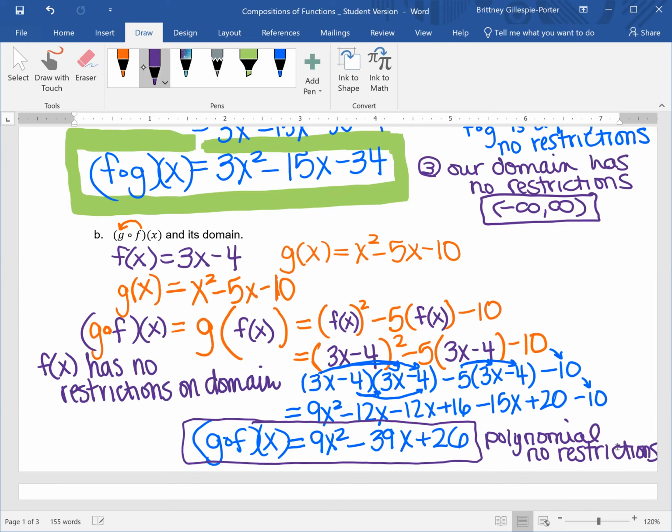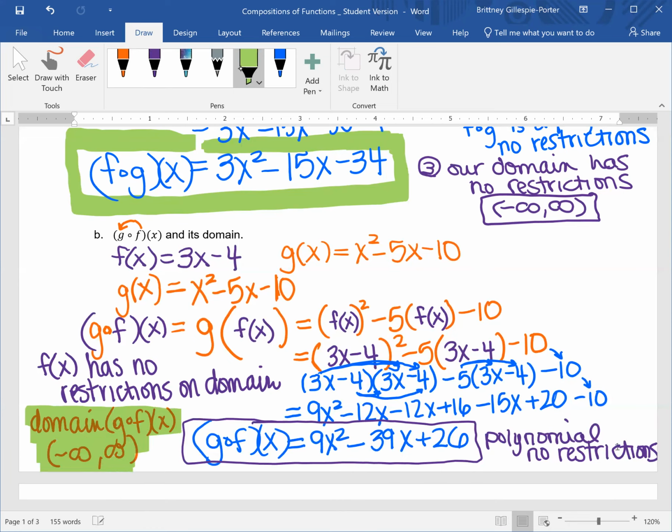Then we're saying that our composition has no restrictions, which means that the domain of our composition, so g composed with f of x, and remember that that circle better be open. Since we have no restrictions either way, it's going to be negative infinity to positive infinity.